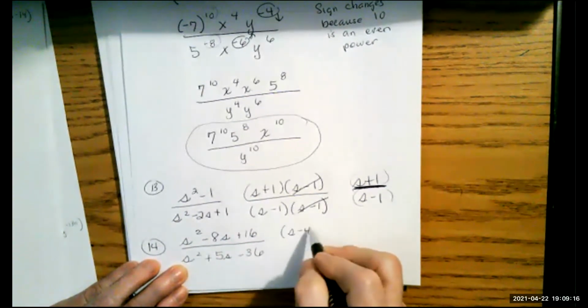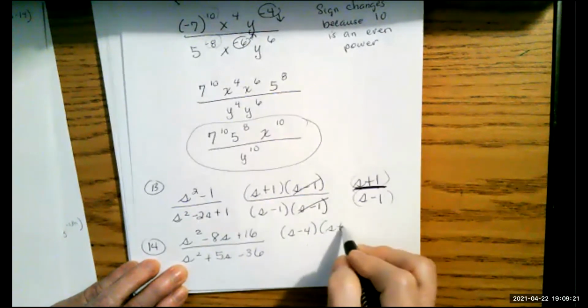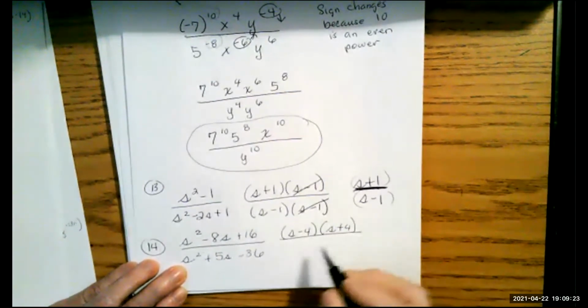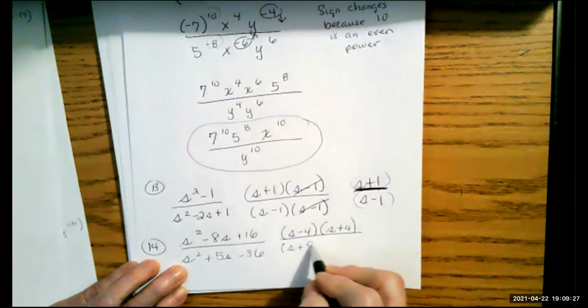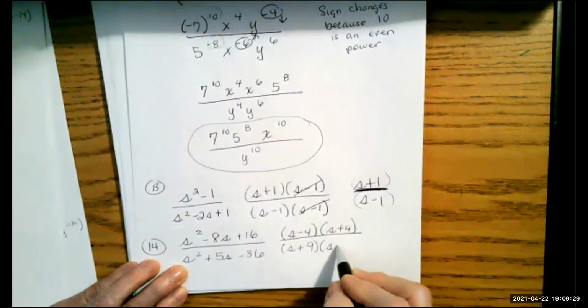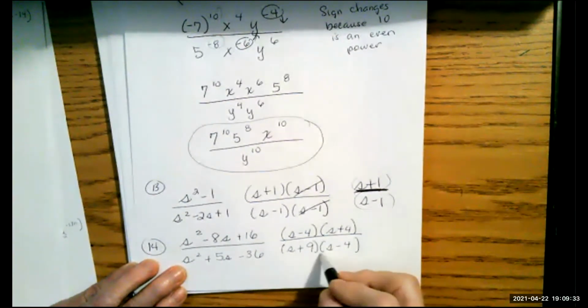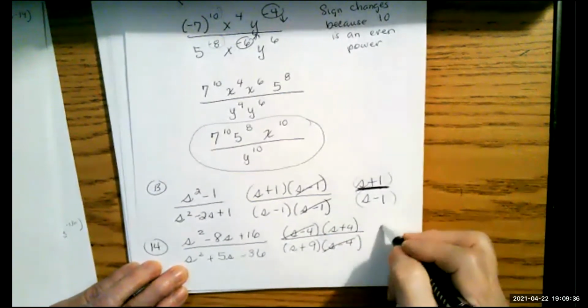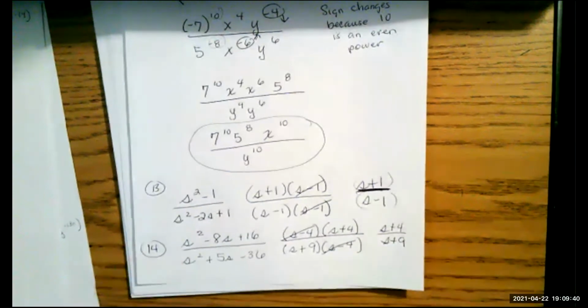This one will factor into s minus 4 and s plus 4. And in the bottom, it factors into s plus 9, s minus 4. So it looks like your s minus 4s will cancel, and you'll have s plus 4 over s plus 9.